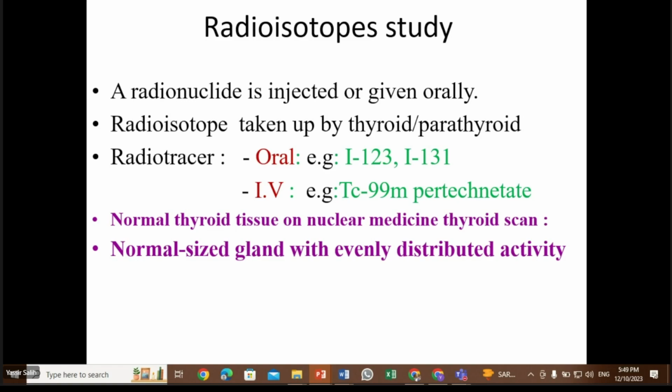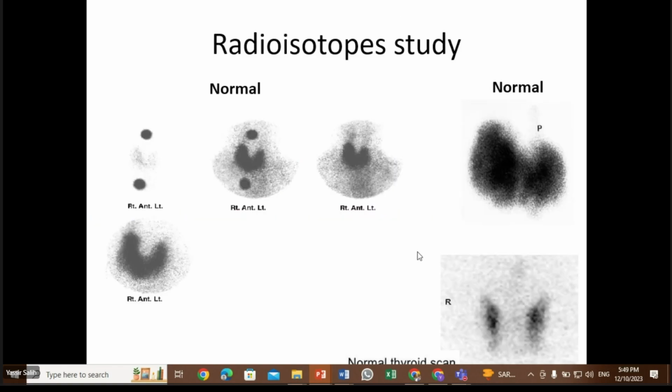It appears with normal size and evenly distributed activity, for example in the first minute after injection of the IV agent. There is no area with more uptake than another. I may say that thyroid radioisotope scan demonstrates a normal size thyroid with evenly distributed radioisotope.